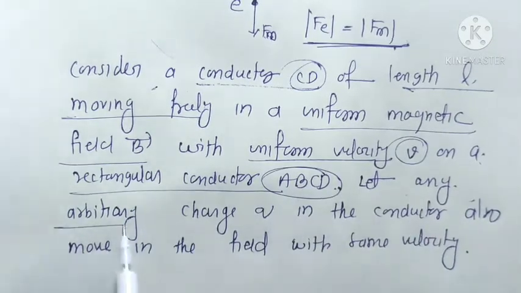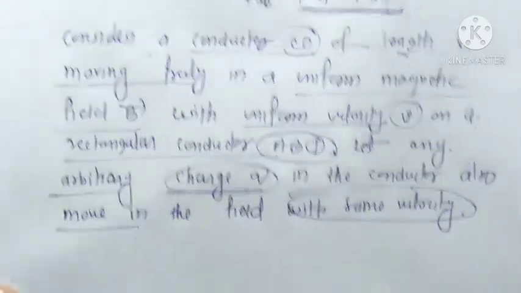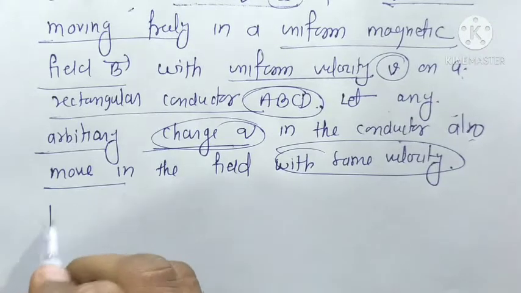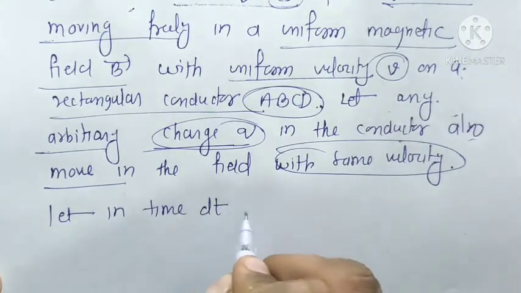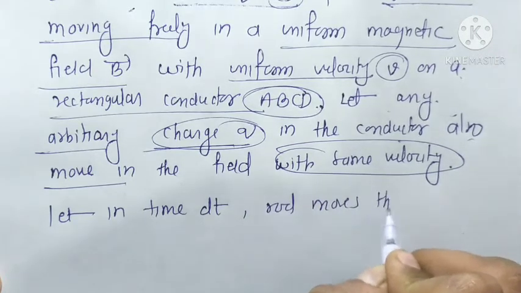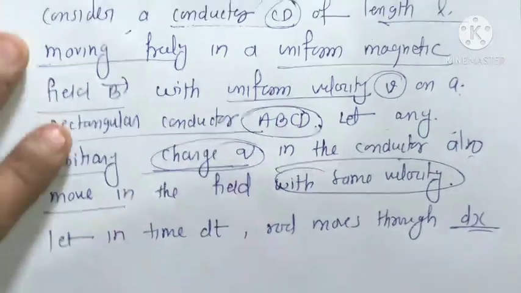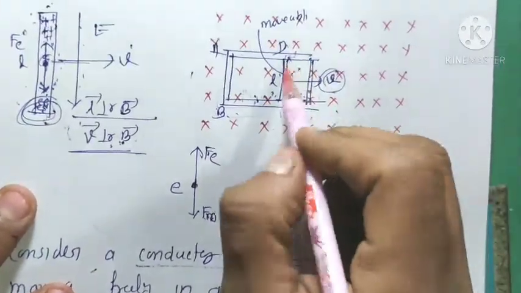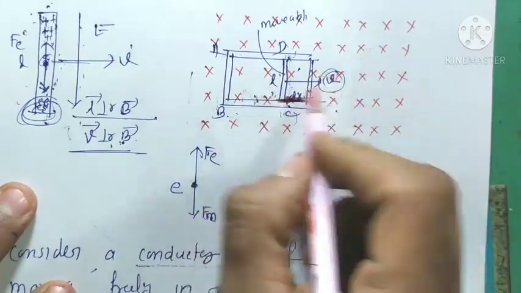Let any arbitrary charge Q in the conductor also move in the field with the same velocity V. In a very small interval of time delta t, this rod moves through dx.